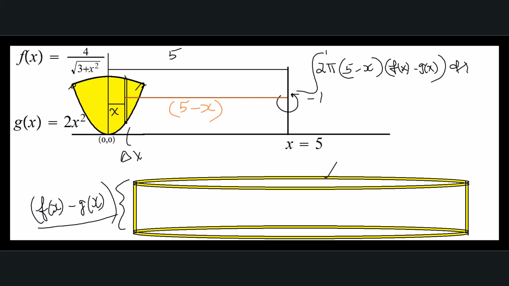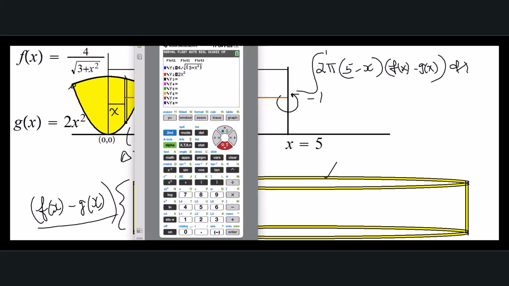Again, this is even easier to calculate without a calculator than the example before. But still, let's go ahead and use our calculator. Here, y1 is f(x) and y2 is g(x). They are already entered.